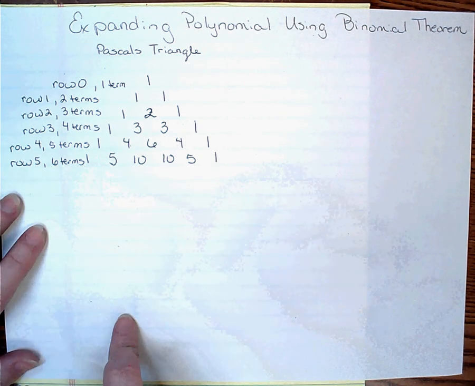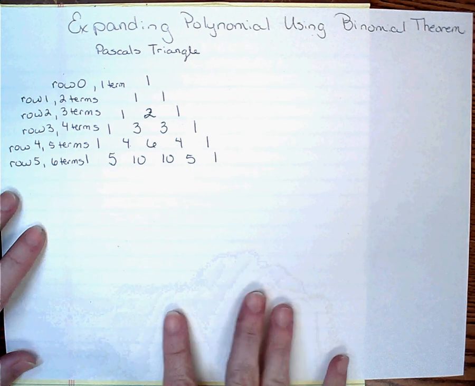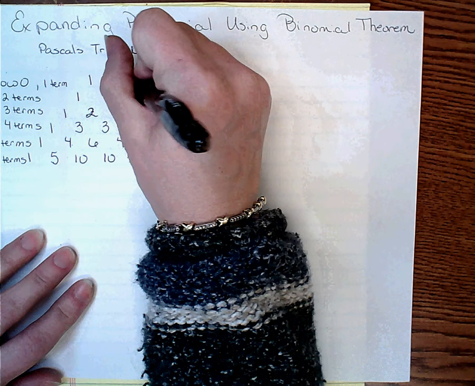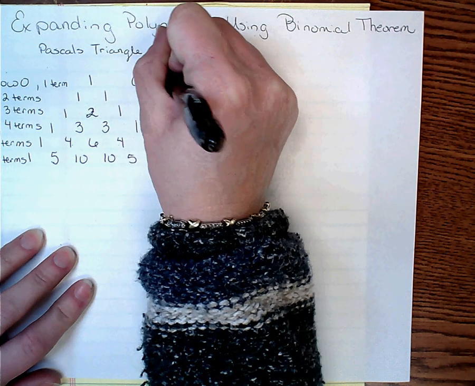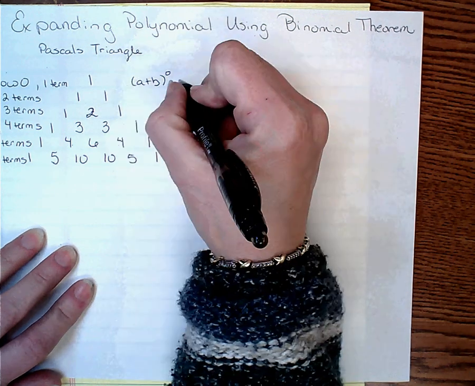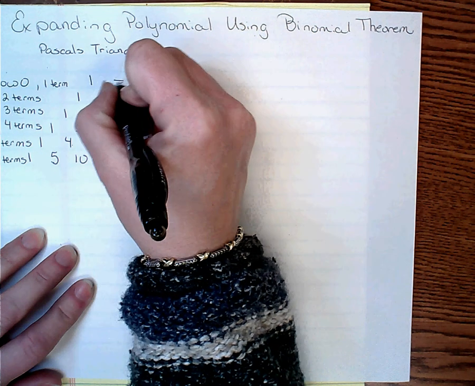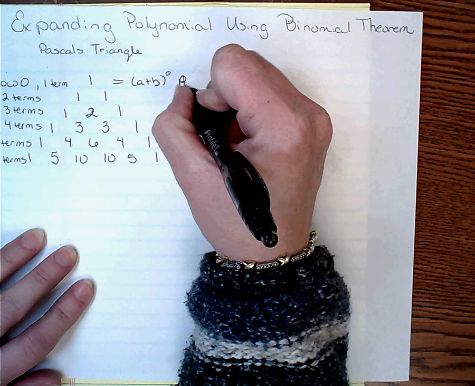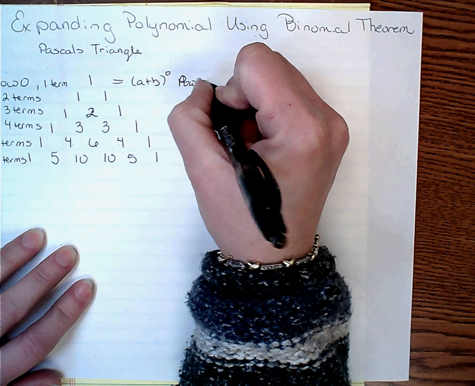Now this is how it's related to polynomials. A plus b raised to a power of 0 gives me 1, because anything raised to a power of 0 equals 1.